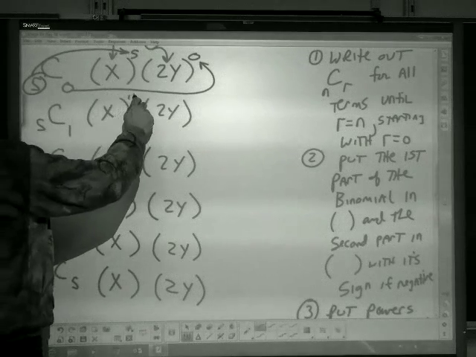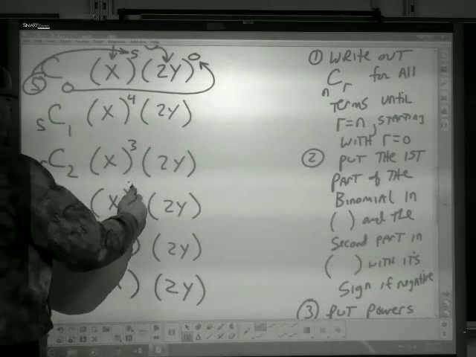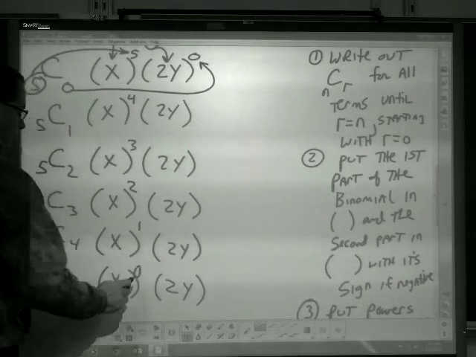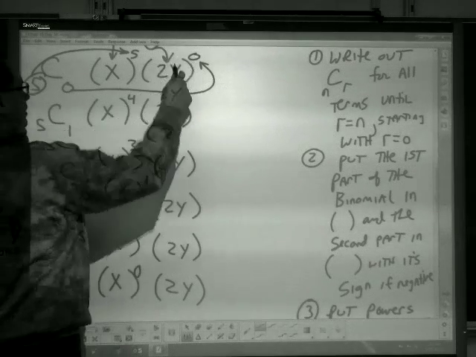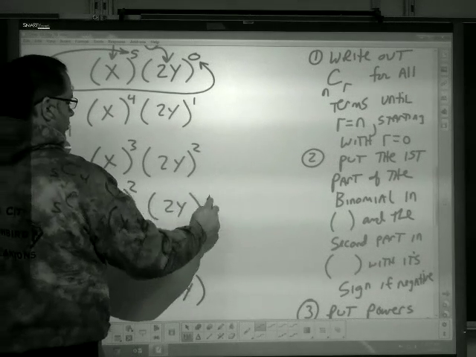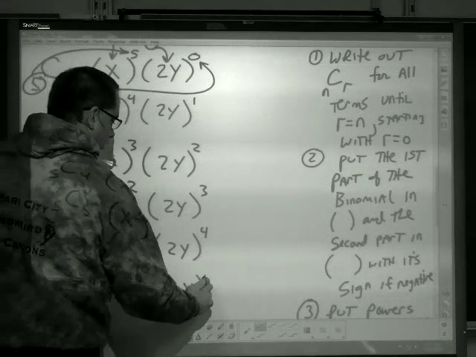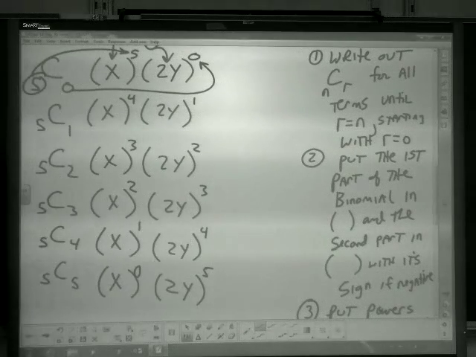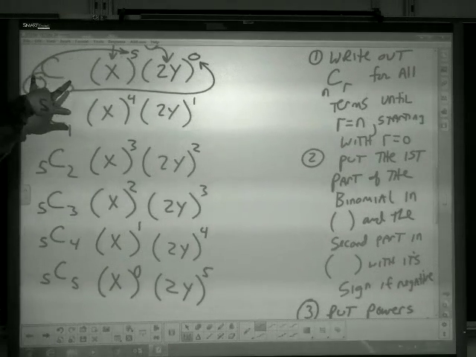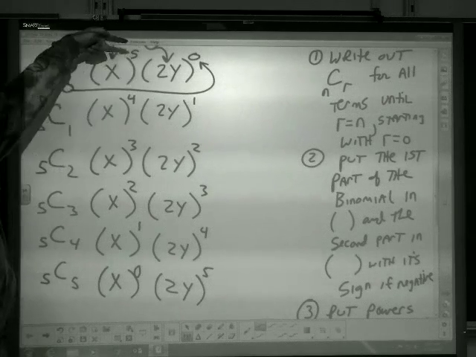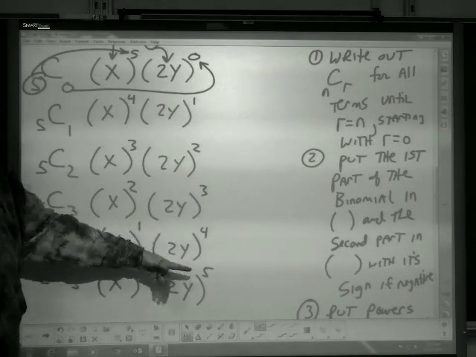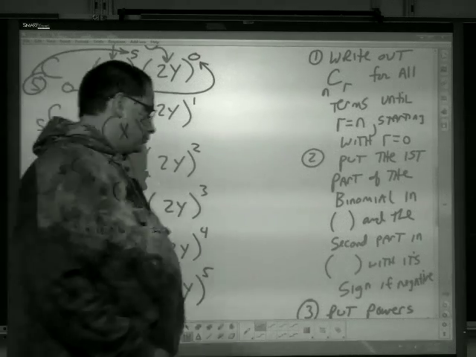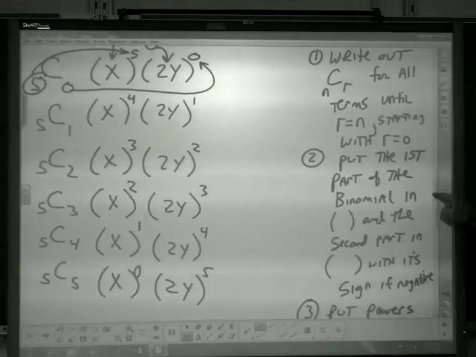Well, it's going to go down: 4, 3, 2, 1, 0. This starts out at 0: 1, 2, 3, 4, 5. There. You start with these powers, and then this goes down and this goes up. And that's that step.